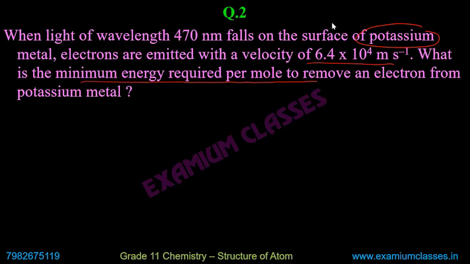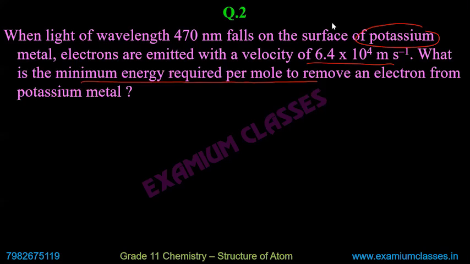Okay, those who have raised hand, Pratham, yes, tell me. Sir, in this case, first we'll have to convert the wavelength, and the formula would be h nu equal to h nu naught plus half mv square.